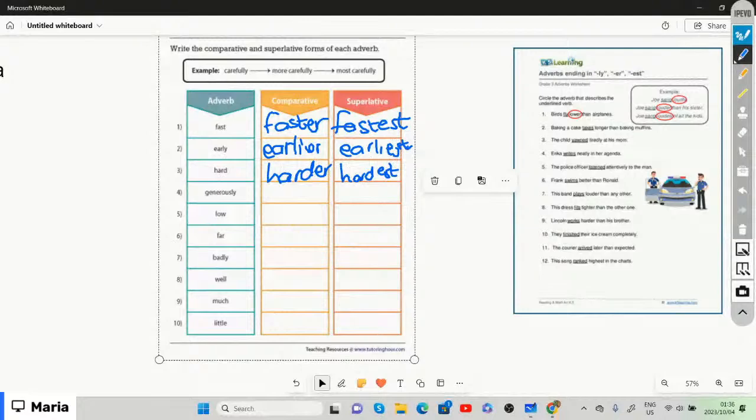And then we have generously. So generously, right? Then we're either going to choose more or we're going to choose most.